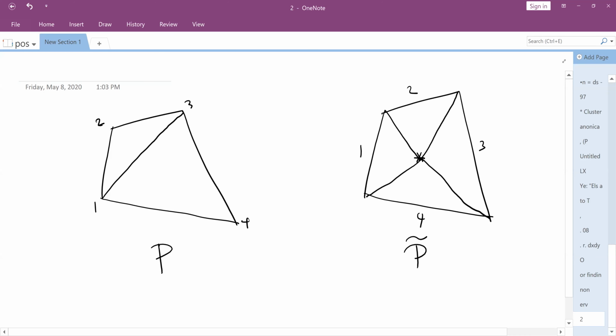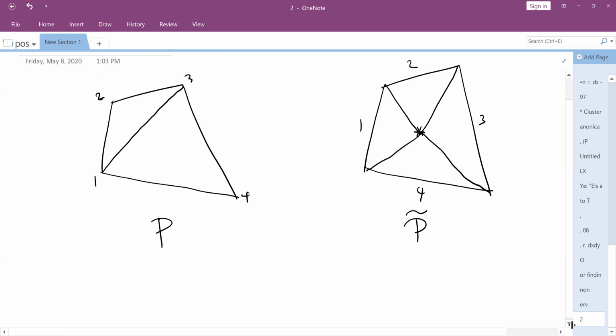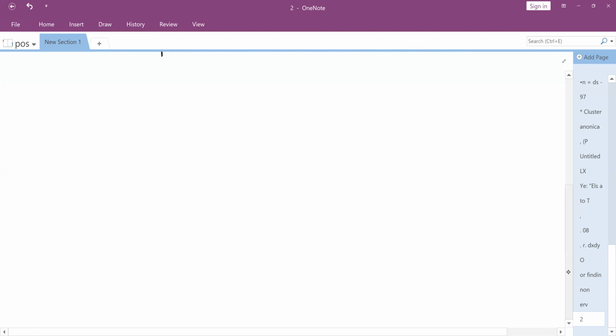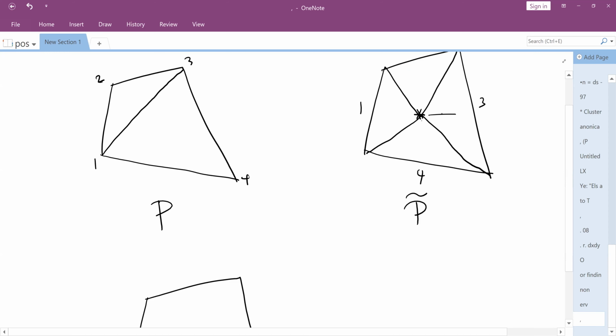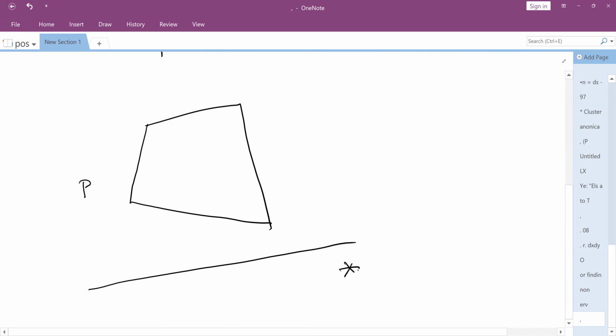Now, what does that look like back in terms of P? I've triangulated P dual. Here's P again. This point that I had inside in the dual space now becomes a line outside the space.